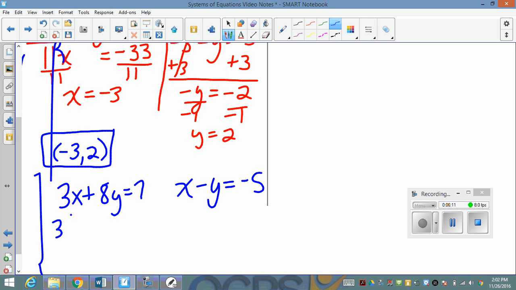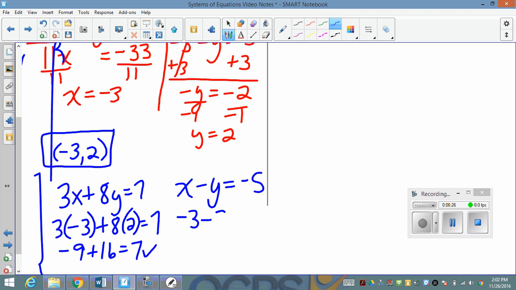Plugging -3 in for x and 2 in for y, I get -9 plus 16 equals 7, which is true. And again, plugging -3 in for x and 2 in for y, I get -3 minus 2 is -5, also true. So you can always check your answer on these.